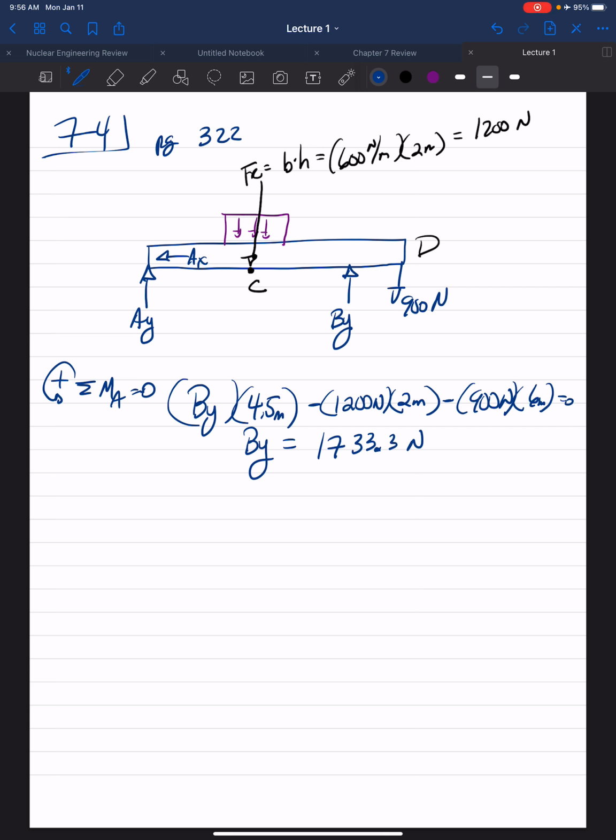So now we can redraw our free body diagram on segment CD.